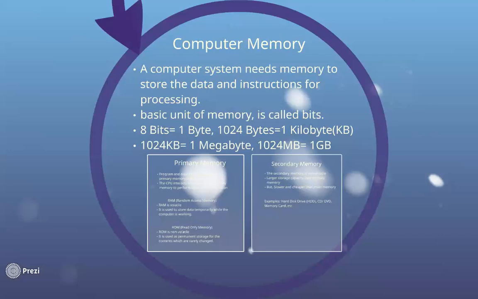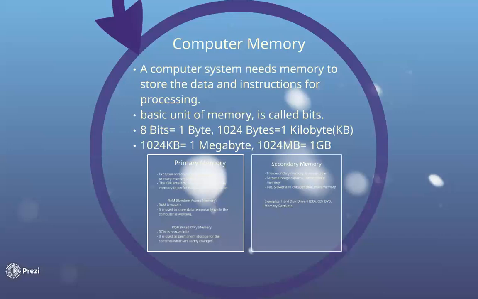So 8 bits equal 1 byte. 8 bits means a combination of 8 digits in the form of 0 1, that is 1 byte. 1024 bytes equal 1 KB. 1024 KB equal 1 MB. 1024 MB equal 1 GB.